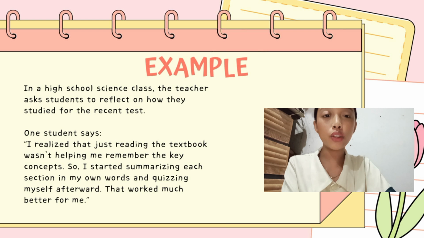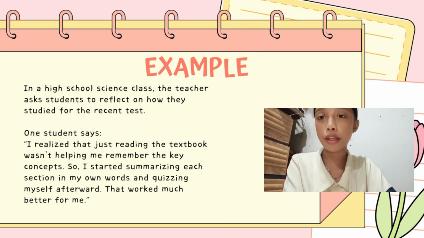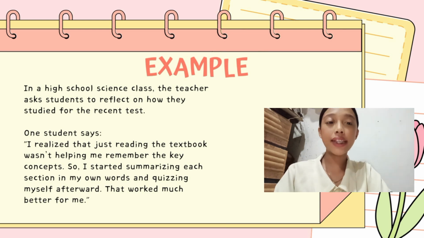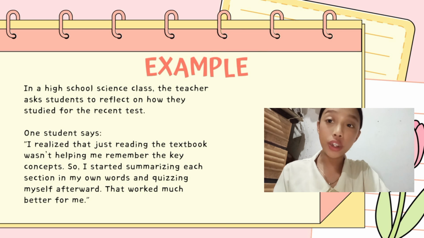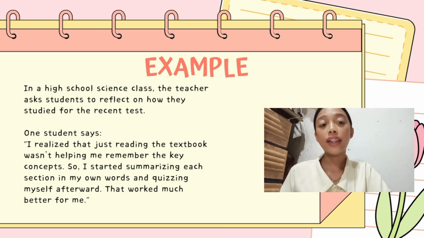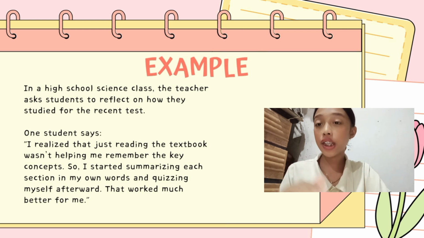So, I started summarizing each concept in my own words and quizzing myself afterwards. That worked much better for me. Based sa example, ang student is aware of their own learning process because they notice what strategies did or didn't work. Sunod, they select and adopt the strategies, which is summarizing and self-quizzing.